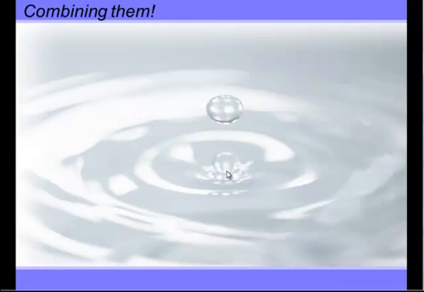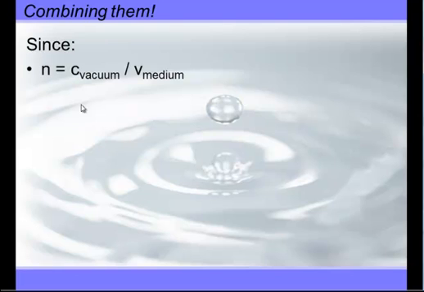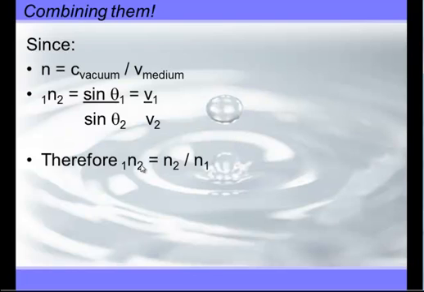Now if we combine this with what we already know, that the refractive index of a medium equals the speed of light in a vacuum divided by the velocity of light in that medium, we can recognise that 1n2 is better shown as n2 divided by n1. So two separate refractive indexes: the refractive index of the second medium divided by the refractive index of the first medium.